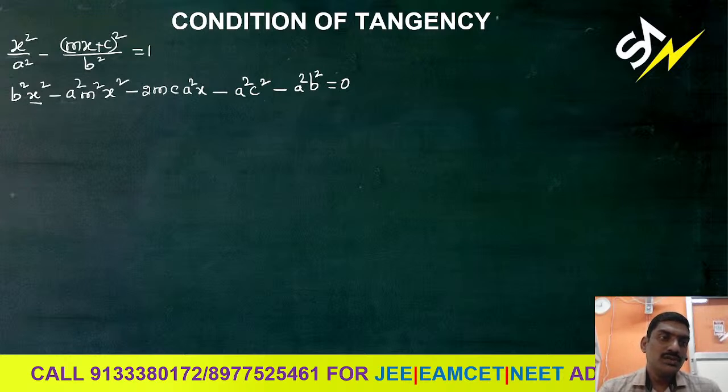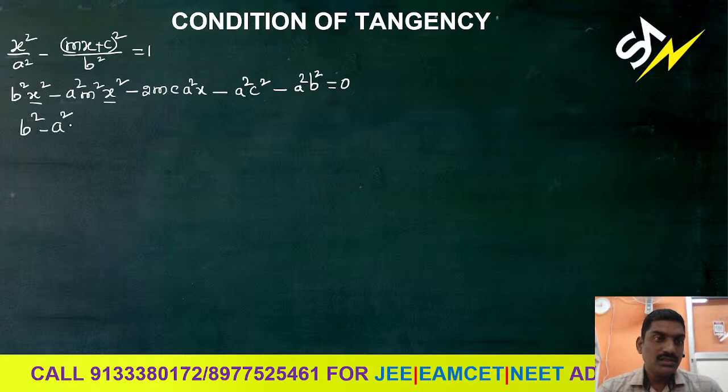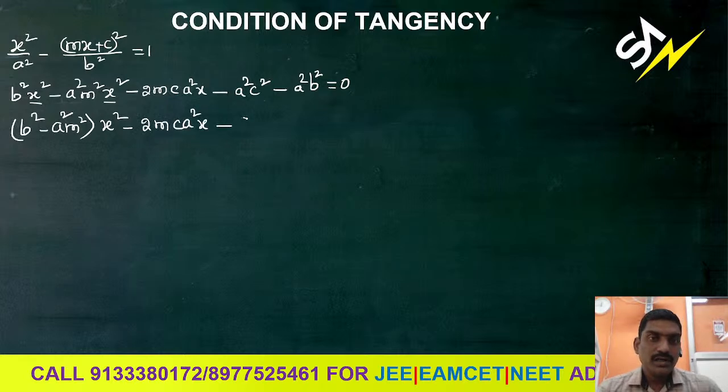So here if we take x square common, what do we get here? (b square minus a square m square) x square minus 2mc a square x minus a square c square minus a square b square, which is equals to 0.